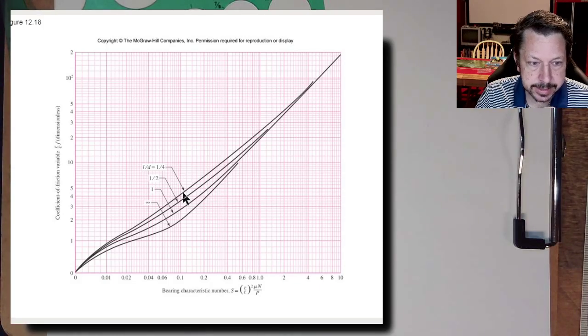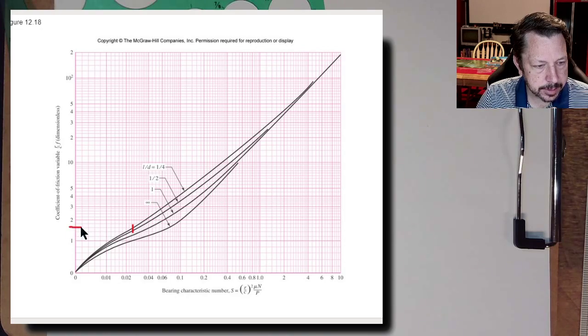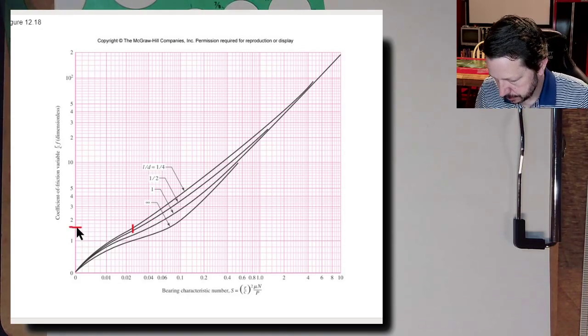This time we're on the top trace. L over D at 1/4 is the top trace. We need 0.025, which is right in there, and we're going to read somewhere over here. So it looks like 1.6 maybe. Let's see what number I actually used.